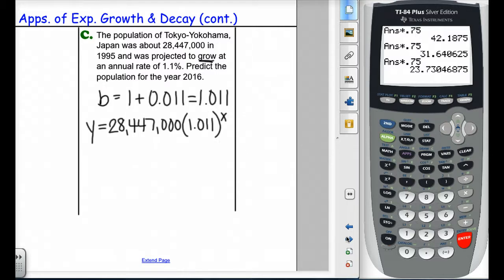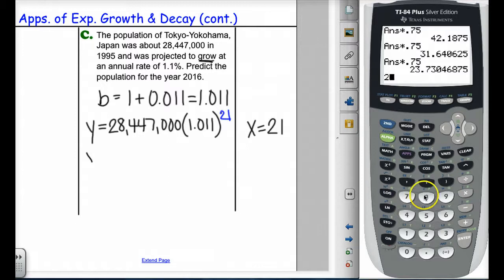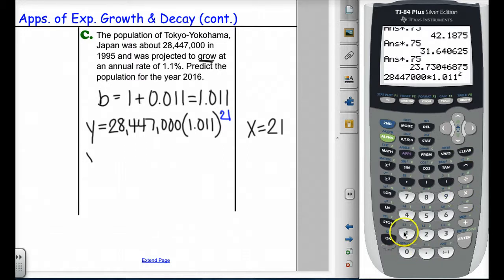When we talk 2016, you figure 96, 97, 98, 99, 2000, 2000 plus 16 more years, that's 21 years. So we're going to do x equals 21. So if we rewrite this, I'm just going to fill it in here to be 21, and then we can go ahead and punch that into our calculator. 28,447,000 times 1.011 raised to the 21st power.